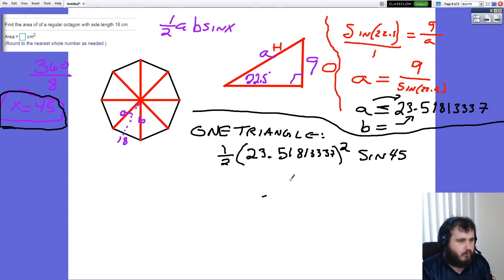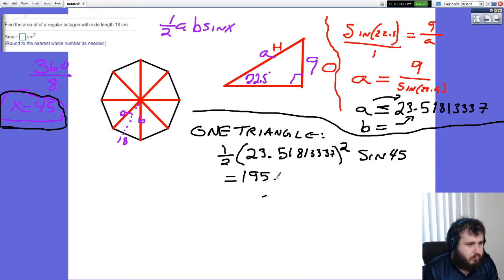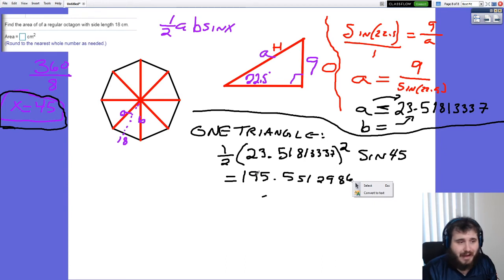That's one triangle that is 195.551298.6. And you notice I am not rounding here. I'm leaving this alone. I'm not doing anything to this number yet because I'm not done with it. That's one triangle. So now I want the whole thing.